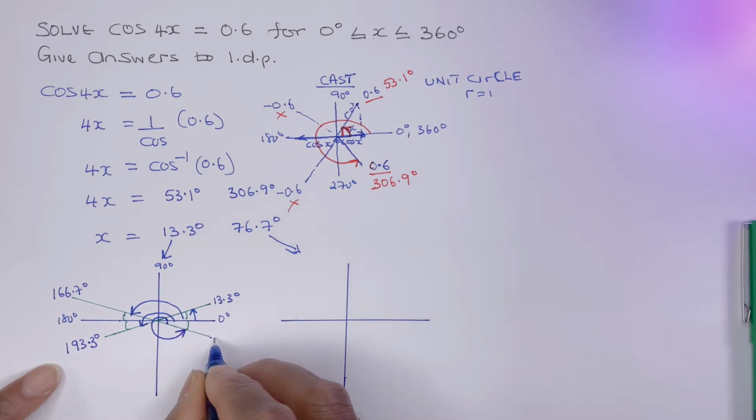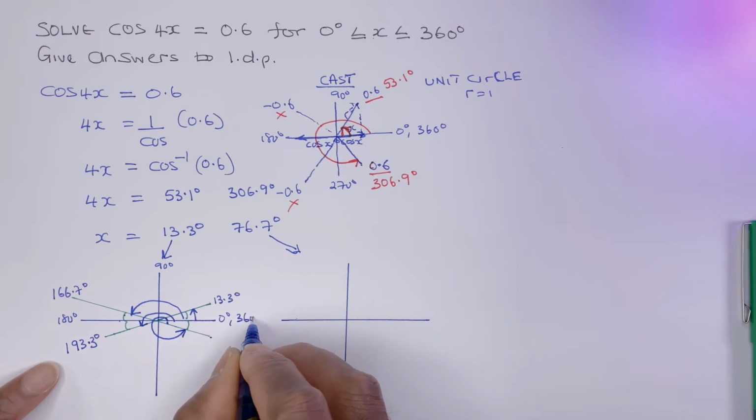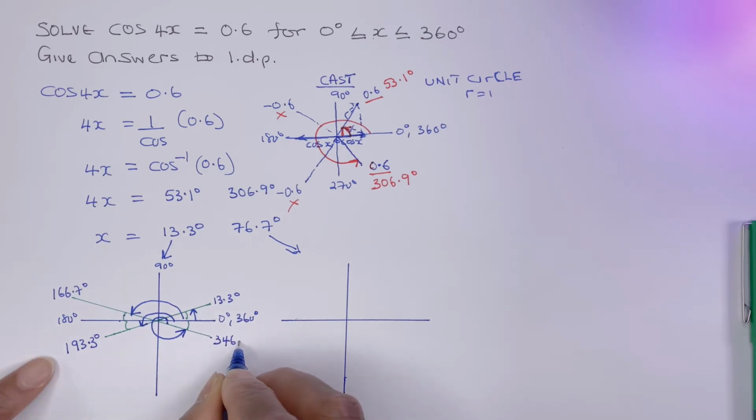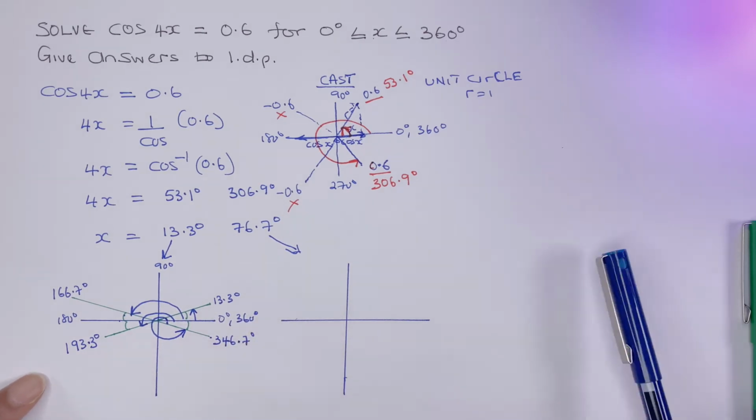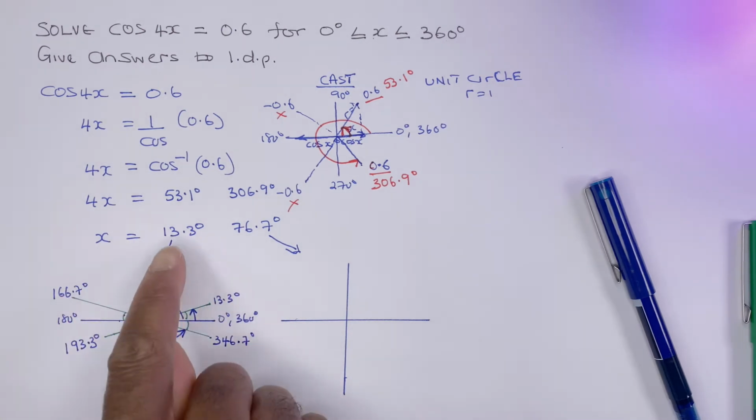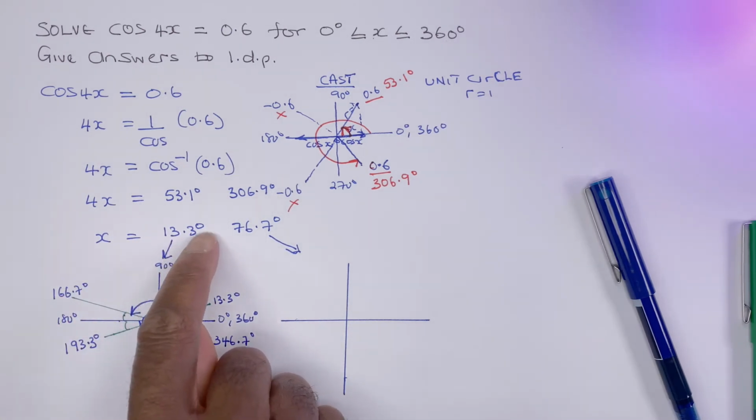So that will be 360 degrees, take away 13.3, so you shall get 346.7 degrees. So those are the x values that start with 13.3 degrees.